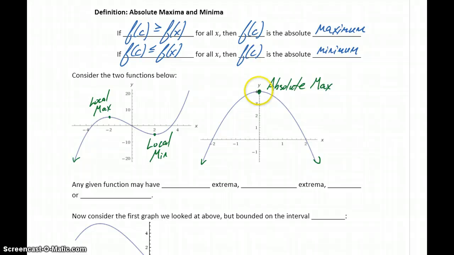So our function is never going to achieve a value above this value of 4. So we can classify that as an absolute maximum. Similarly, if we had a parabola headed in the opposite direction, going up to positive infinity on both ends, then we could classify this point as an absolute minimum.